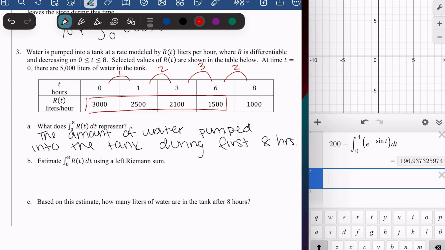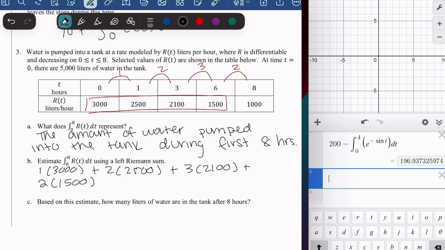So writing this out, this would be 1 times 3,000, plus 2 times 2,500, plus 3 times 2,100, plus 2 times 1,500. Okay, we're using the width between each of those hours, and we're multiplying it by the height, R of t.